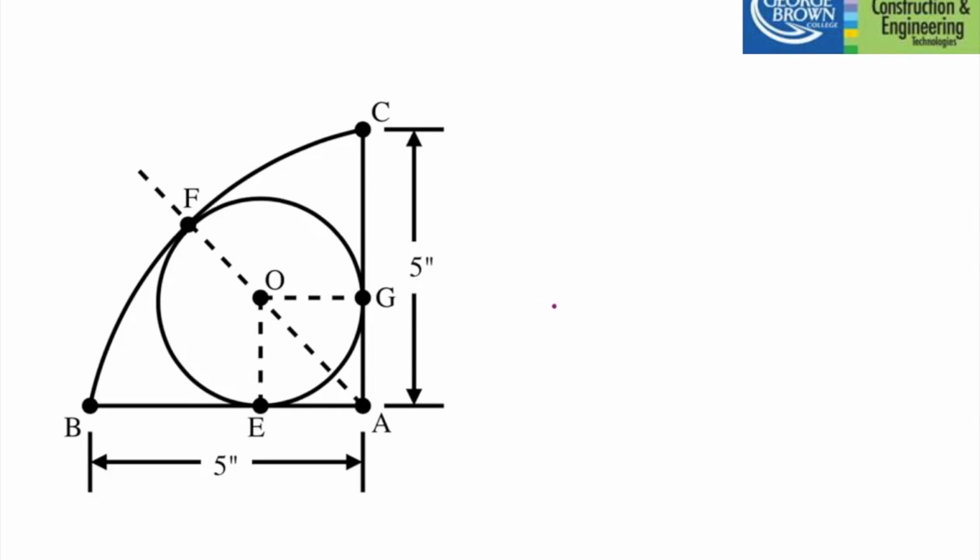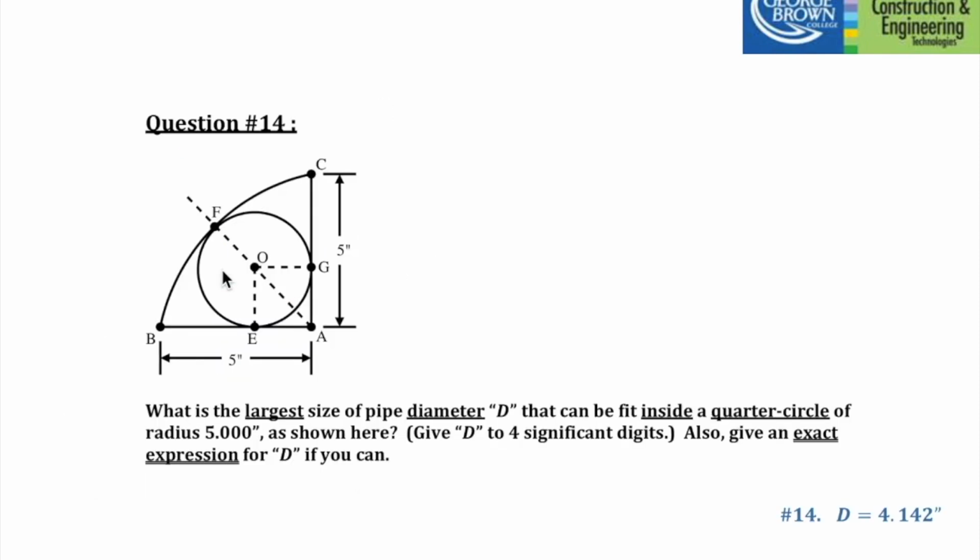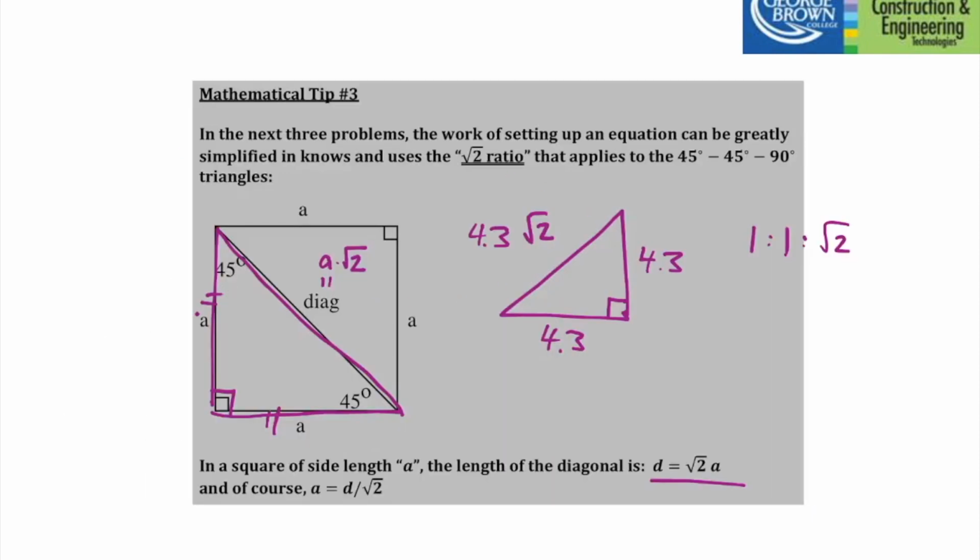So let's take a look here. I'm going to do some annotation. I know that from here to here is a radius. I'm going to call that R. I also know that this is a radius, R, and that's a radius, R. So using the pattern that I mentioned earlier, I have R, R, I'd have R root 2.